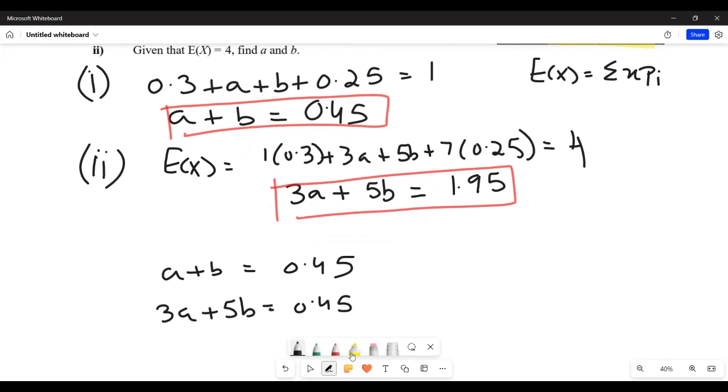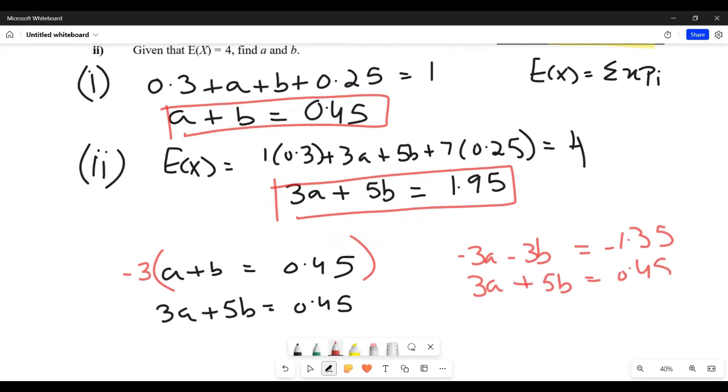I am going to multiply the first equation with minus 3. So that becomes minus 3A minus 3B equals minus 1.35. And then we have 3A plus 5B equals 1.95.